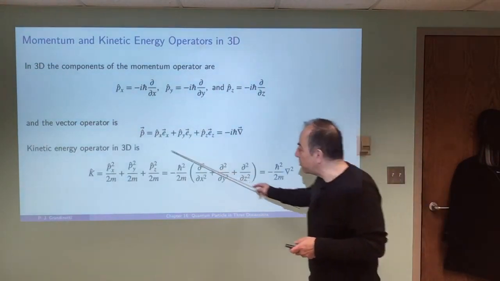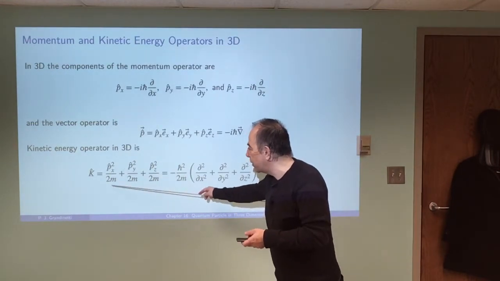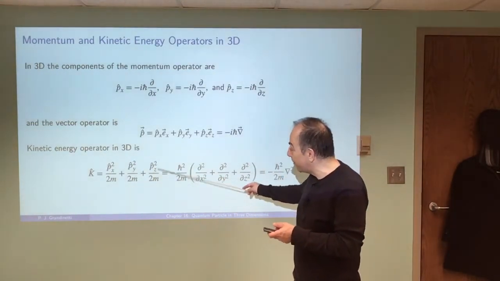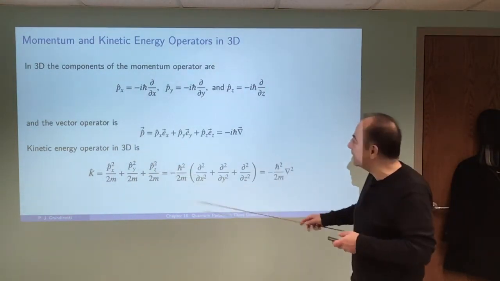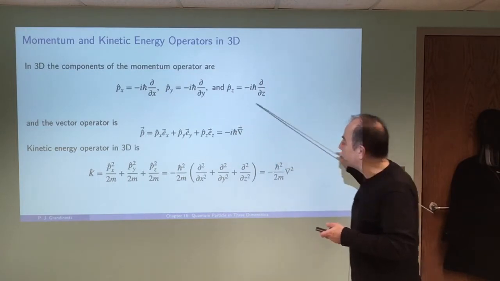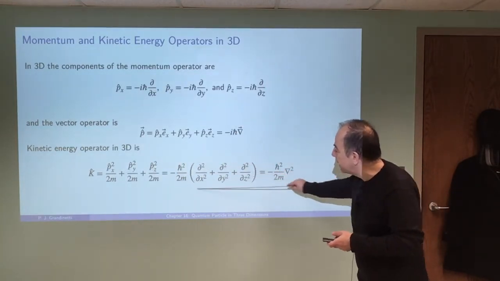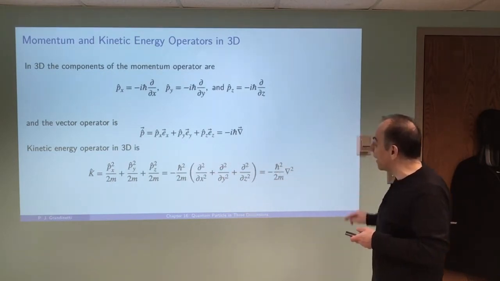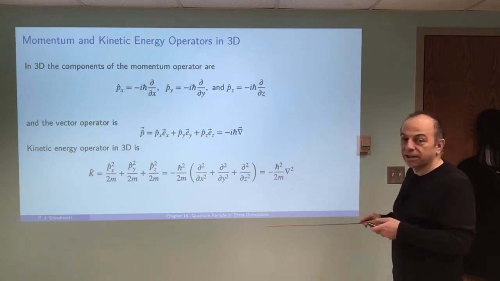Similarly, the kinetic energy operator, from classical physics, is just px squared over 2m plus py squared over 2m plus pz squared over 2m. We just put hats on these, and then we can take these definitions and substitute them in, and we get that the kinetic energy operator has this form, and we recognize this term in parentheses as just the Laplacian.